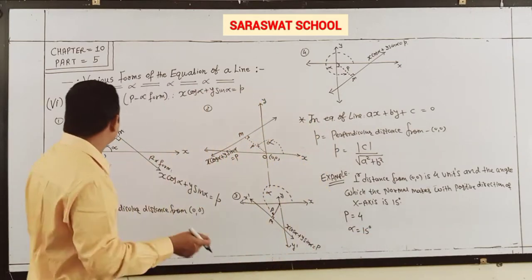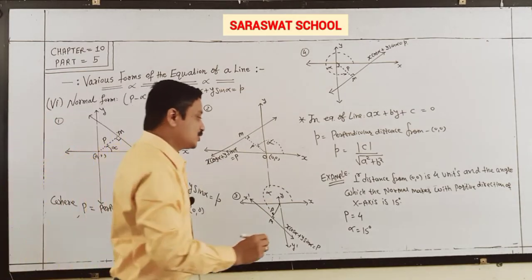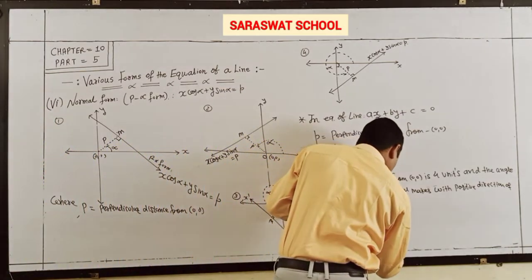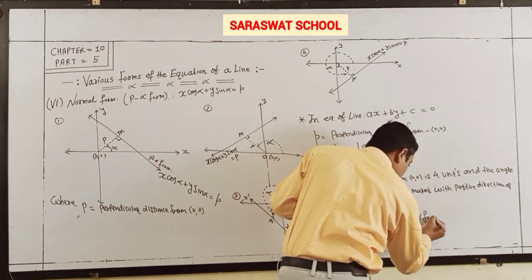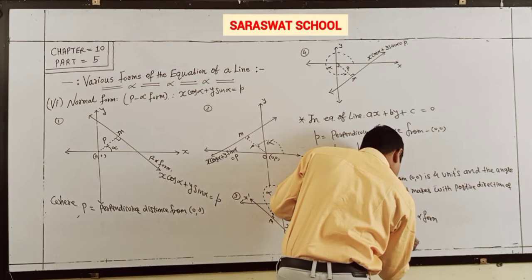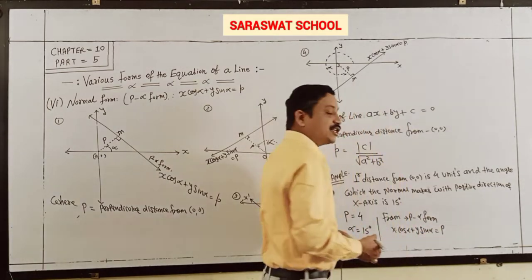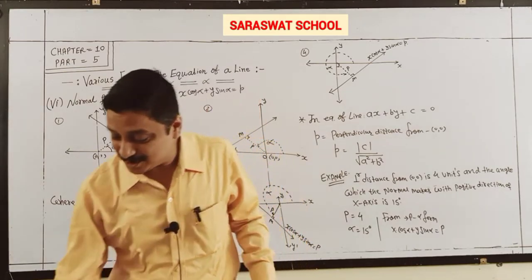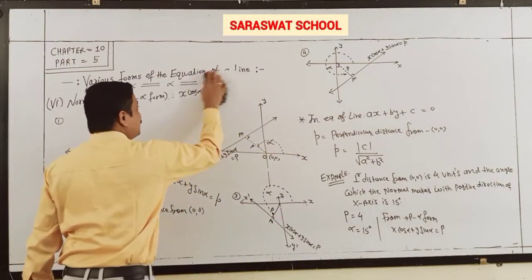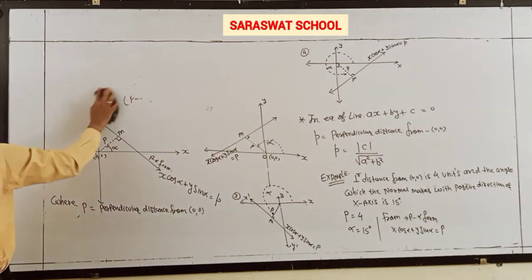So I use the normal form, the P alpha form: x cos alpha plus y sin alpha is equal to P, and that's your equation of line. P known, alpha known, you just put in the values and easily get our answer.